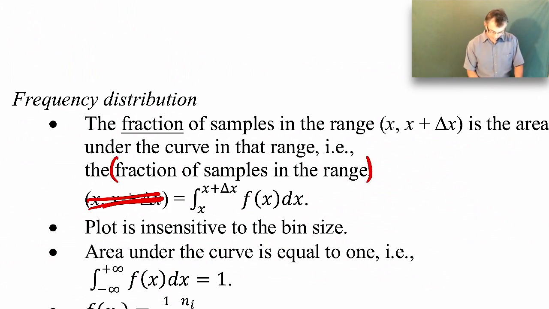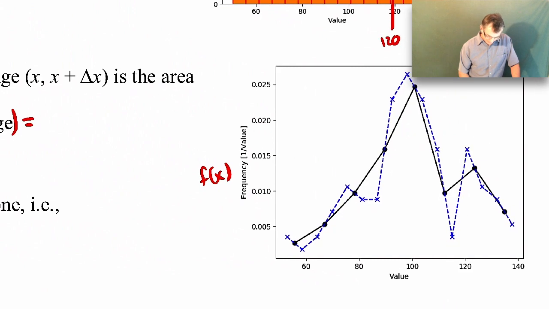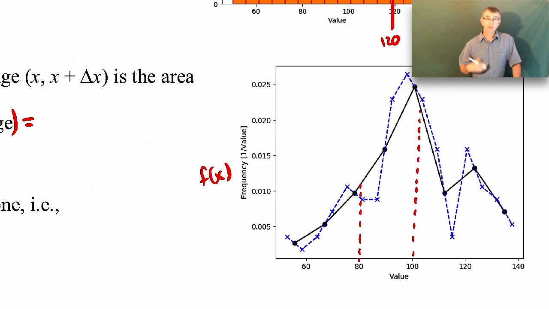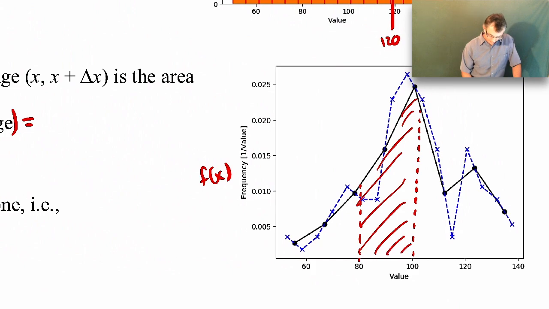So if I wanted to know the fraction of samples between, let me use some more well-defined numbers, 80 and 100, I would just find the area under this curve.